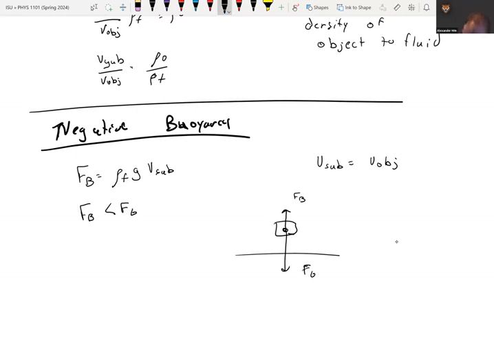So the F net in the downward direction is equal to the force of gravity minus the force of buoyancy. Again, this time I'm letting down be positive because I know that gravity is going to win, since this thing is negatively buoyant. Now, what we have here is mg minus the density of the fluid times g times the volume of the object, because the submerged volume is the volume of the object.